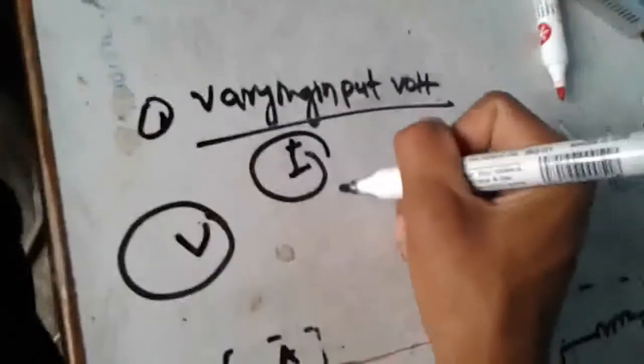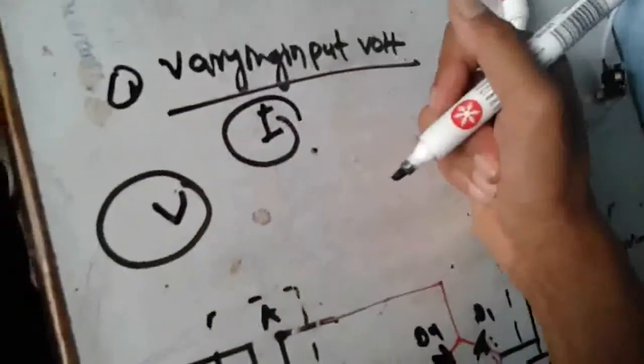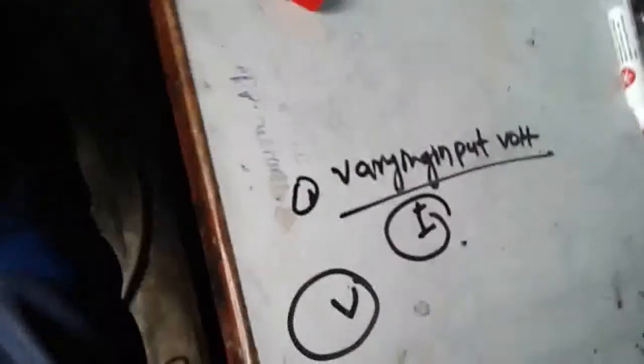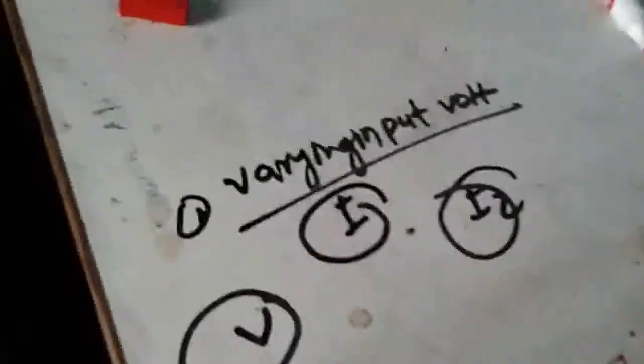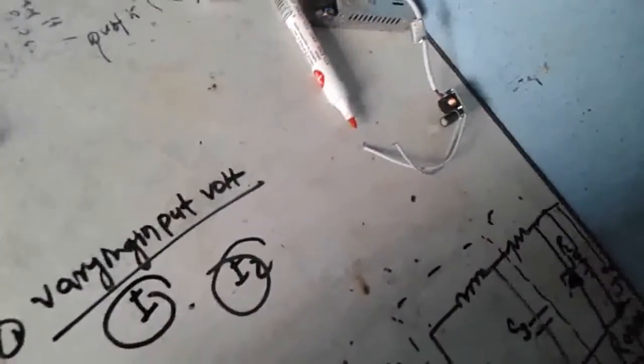It is based upon Ohm's law. This increases the current through the Zener diode, that is IZ. This IZ also increases without affecting the load current IL.